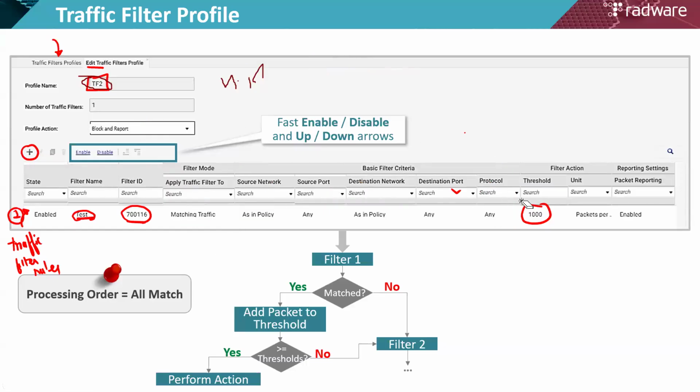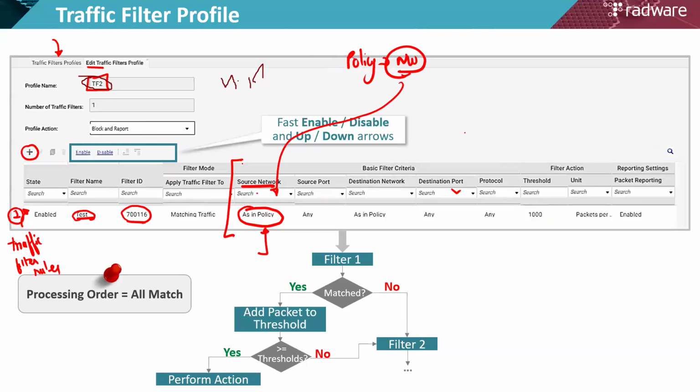Now, let me explain what the criteria is here. As you can see, the source network is defined as in policy. If you remember, when we configured the policy, we were defining the network. So if you see something like this, as in policy, it means that whatever you have configured within the policy, those details would be filled up here, and hence it is showing as in policy.